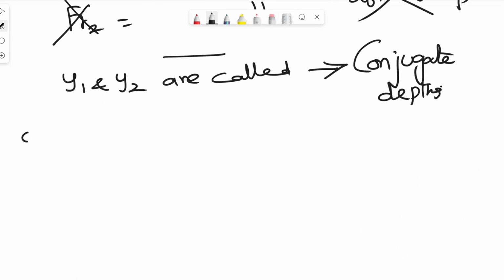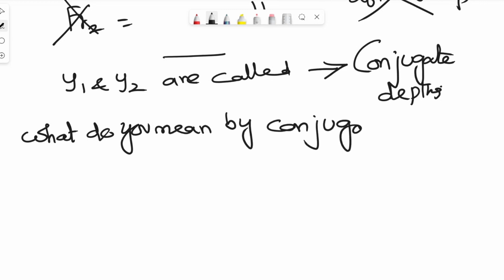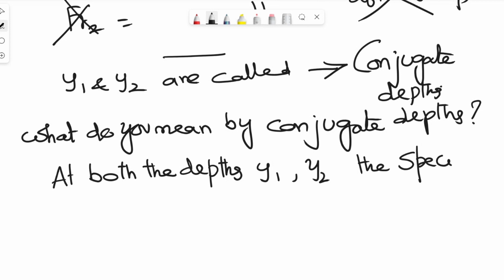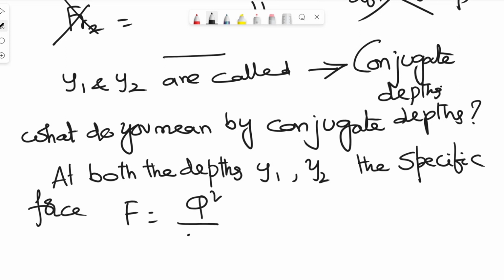What do you mean by conjugate depth? For both the depths y1, y2, the specific force F is equal to Q square by gA plus A Z bar is constant.